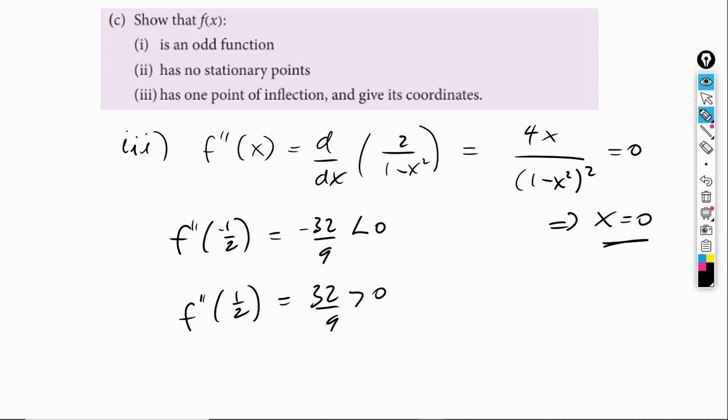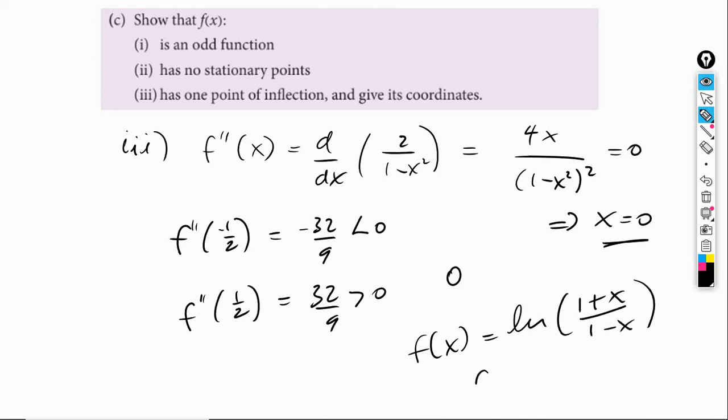The coordinates of the point of inflection would be then 0 for x, but the original function was f of x is equal to natural logarithm of 1 plus x over 1 minus x, right?